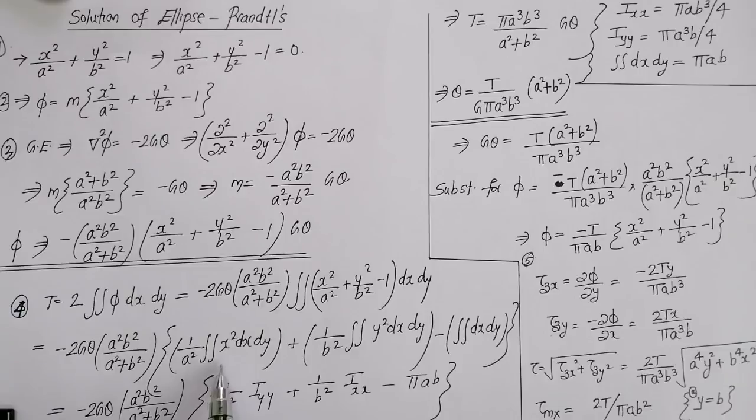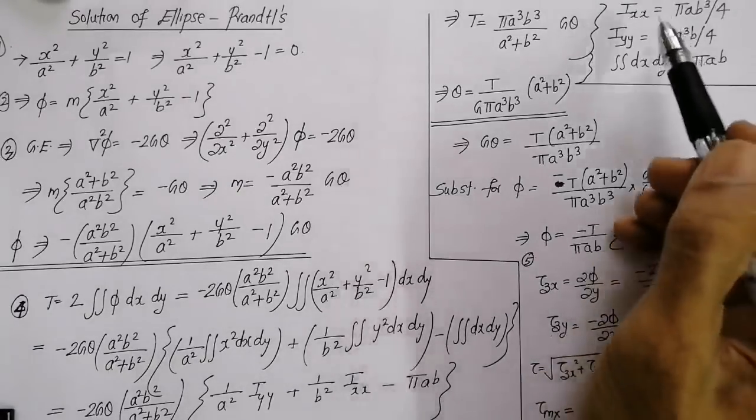Now if you carefully analyze, double integral x square dx dy is Iyy, double integral y square dx dy is Ixx, double integral dx dy for an ellipse is pi ab. So if you substitute, we will get this equation minus 2g theta into a square b square by a square plus b square into 1 by a square Iyy plus 1 by b square Ixx minus pi ab.